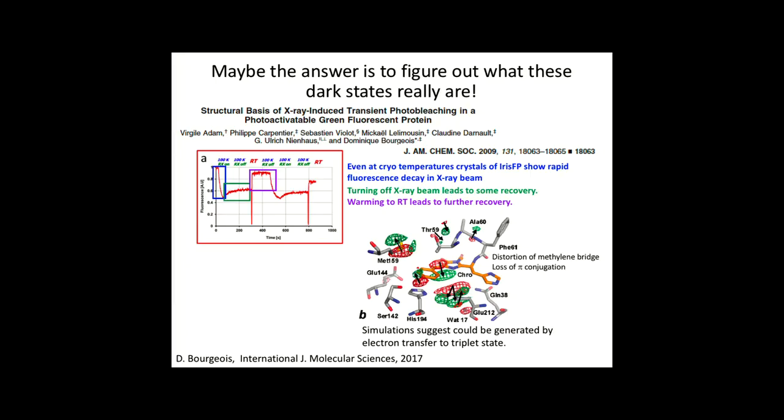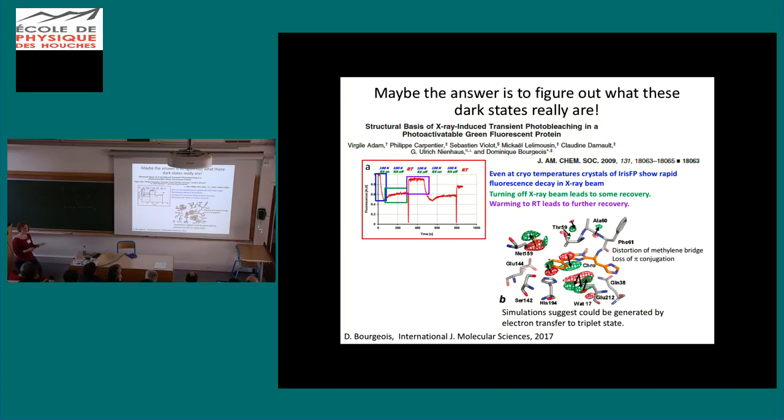So what this suggested is that you could then use crystallography to try to access some of these states that one sees even in the crystal. To make a long story short, they solved the structure and showed shifts in electron density.